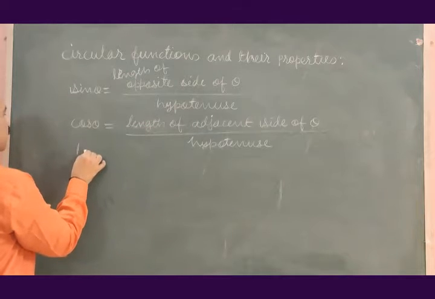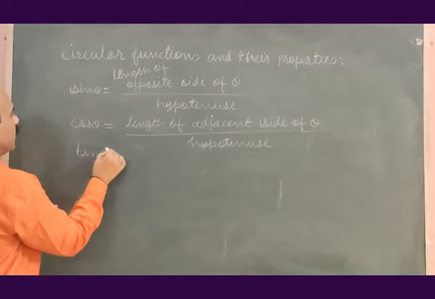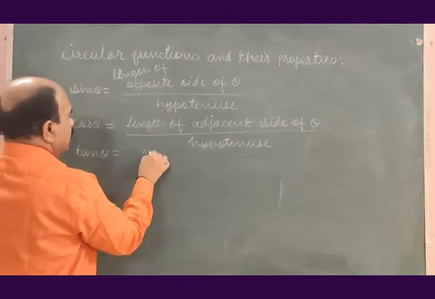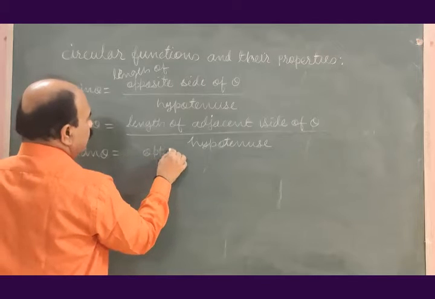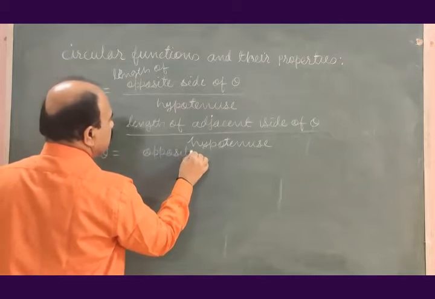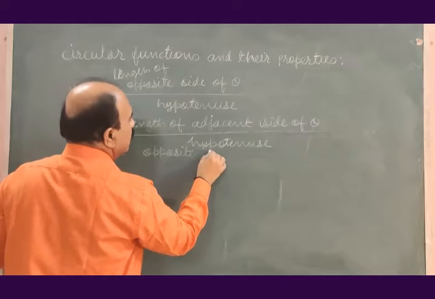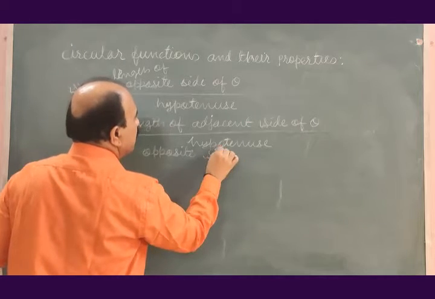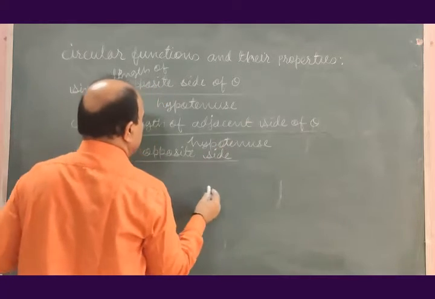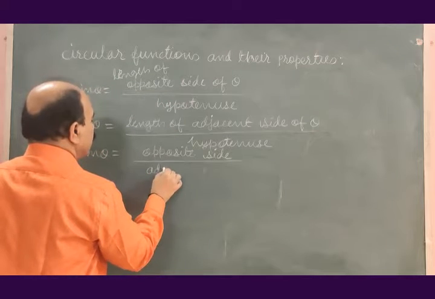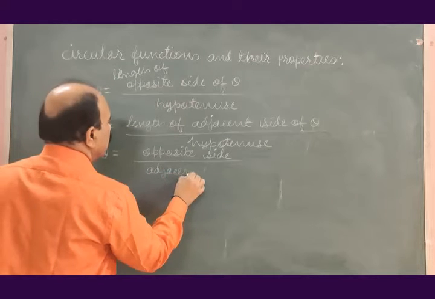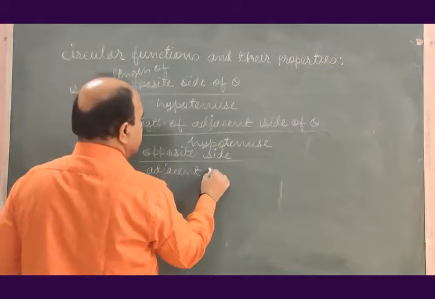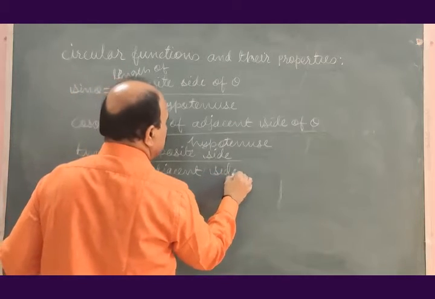Tan theta is the length of the opposite side of theta divided by the length of the adjacent side of theta.